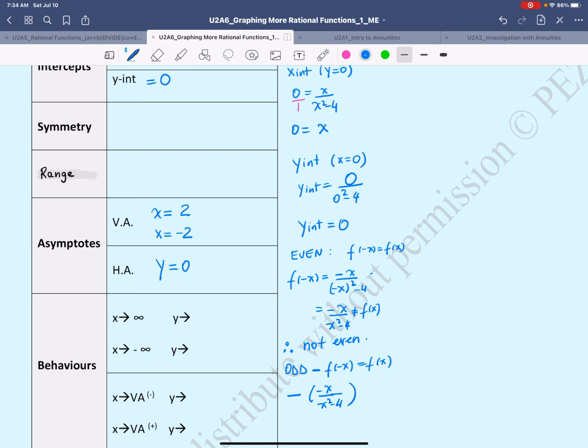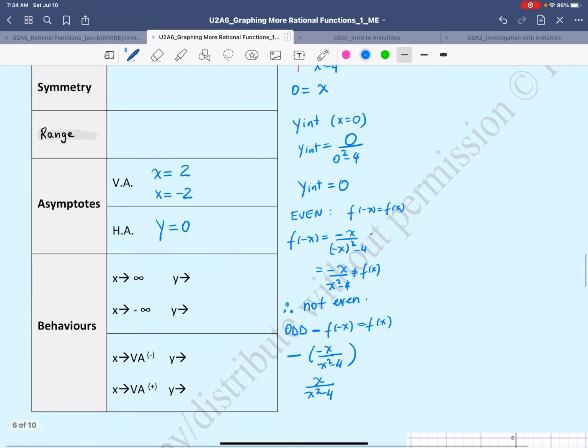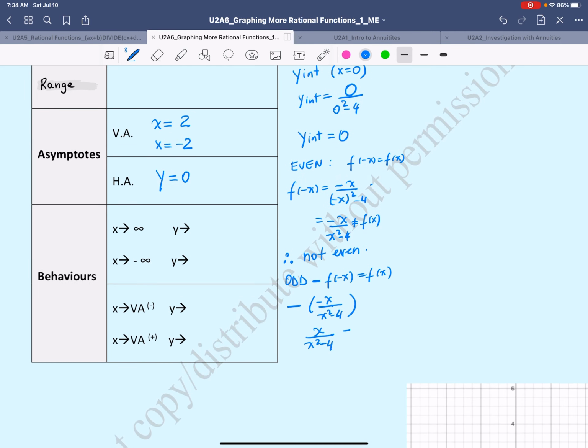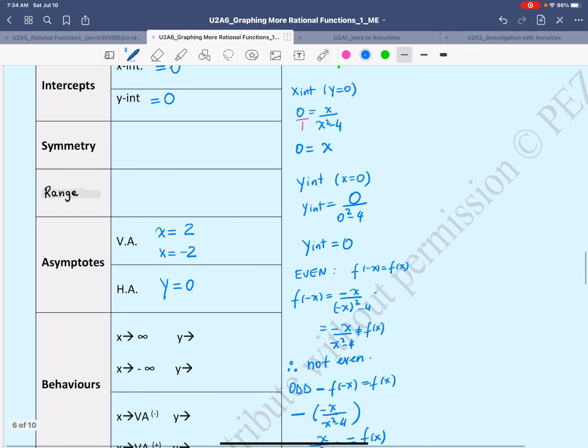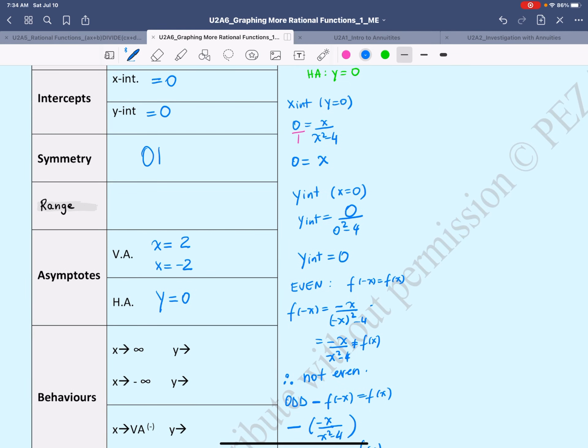So these two negatives will make a positive. And then we'll have x in the numerator, x squared minus 4 in the denominator. And we'll see that this is exact same as f of x. So we're going to say that negative f of negative x equals f of x. And that tells us that the function has odd symmetry. So we'll put this on the table. We'll say that this function is odd.